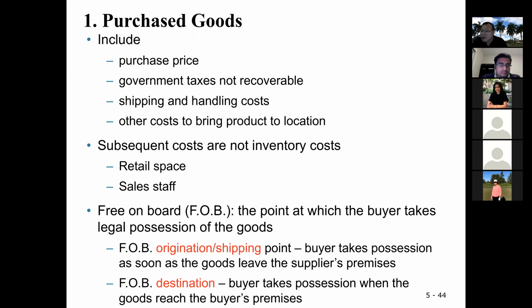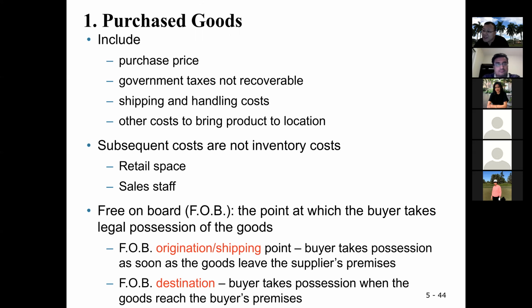The two common ones are FOB shipping point, where you take possession as soon as the item is loaded onto the truck at the shipping point. You own it. If you purchase the eggs and it's FOB shipping, and the truck was in an accident and all the eggs were smashed, too bad, that's your egg, because it's FOB shipping.